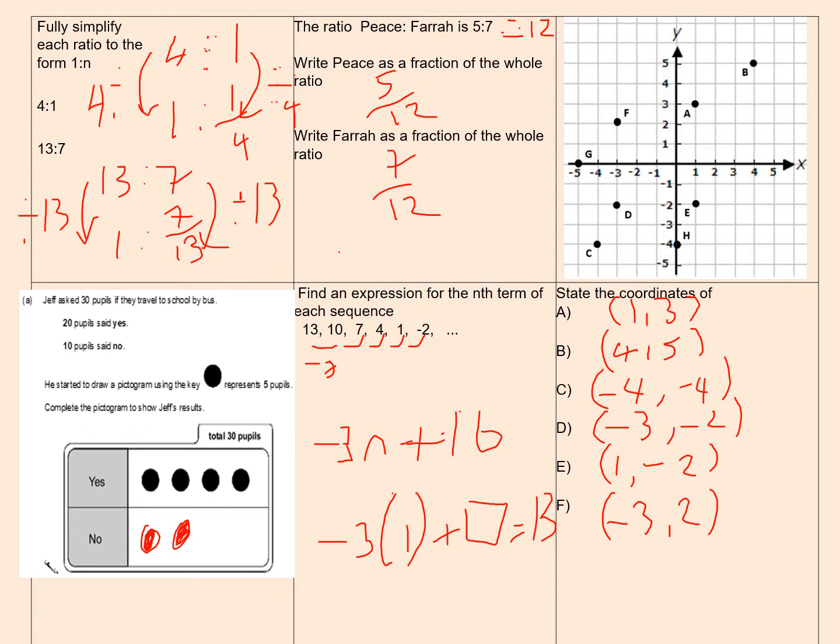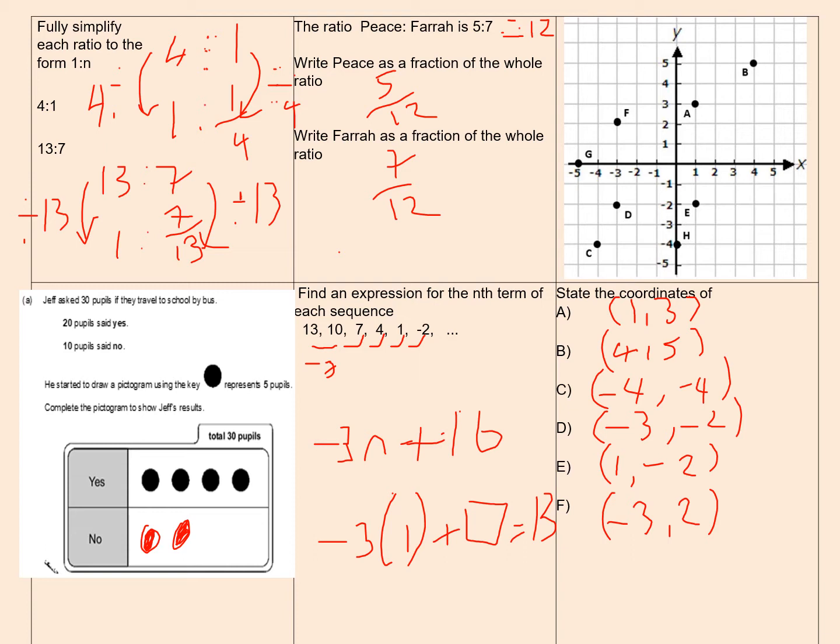The expression of the nth term for a sequence. So we're going from 13 to 10 to 7 to 4 to 1 to minus 2. So the difference between the numbers, the term-to-term difference, is minus 3. So it becomes minus 3n. Now we know the first term is 13, so it's got to equal 13.